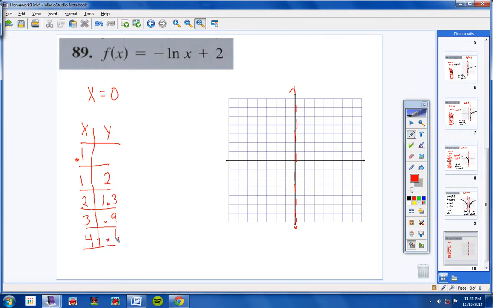Now 0.1 would be, let's see, you would type in your calculator negative sign, the natural log, 0.1, and then plus 2. And you would get out, hold on one second. Let's see, 0.1 would be 4.3. So here we go. 0.1 is 4.3.